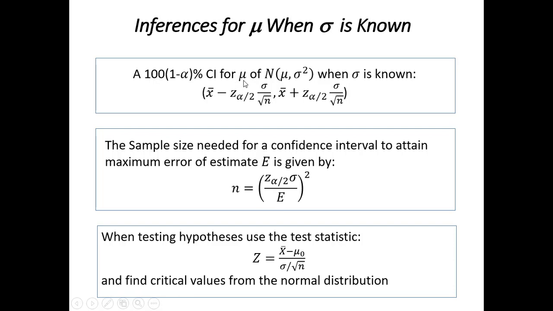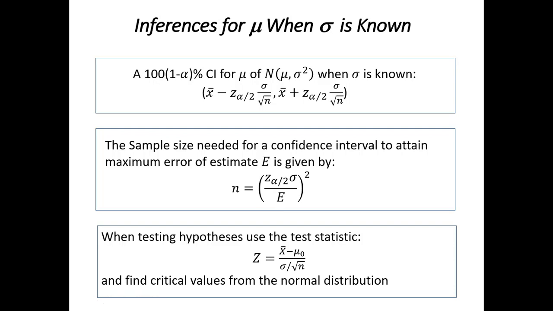This is assuming a normal distribution, and sigma is known. So we get this formula: x bar plus or minus z alpha over 2 times sigma over the square root of n. Notice this is really a plus or minus term. X bar is the sample mean. Z alpha over 2 we look up in a normal distribution table. N is the sample size.